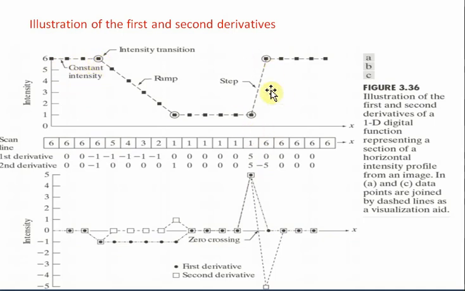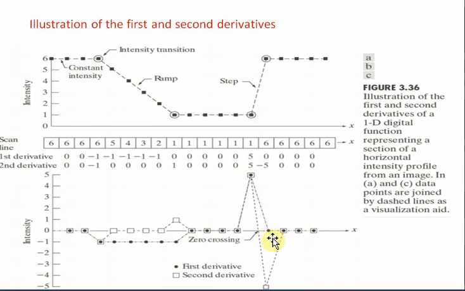This is nothing but high frequency area. By using this, you should enhance the edge area and de-emphasize the constant area. That's why see this: here the values are suppressed, but here the value is highlighted like this. In such a way you can highlight the edges.